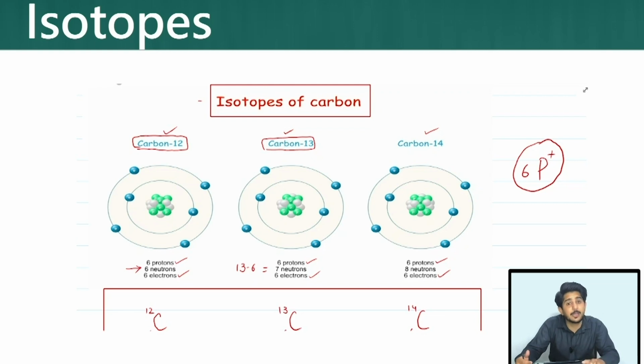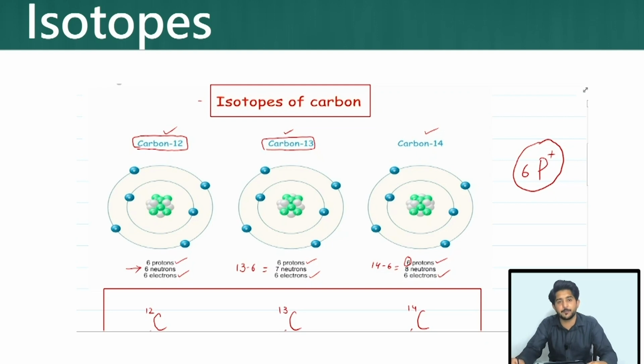What are isotopes? These are the atoms of the same element. It means an element contains many atoms which have same number of protons, same atomic number, but different mass number. So mass number is different in carbon 14 as well. To find the neutrons in carbon 14, subtract the 6 protons, and in this way you can calculate the number of neutrons. 14 minus 6 equals 8.